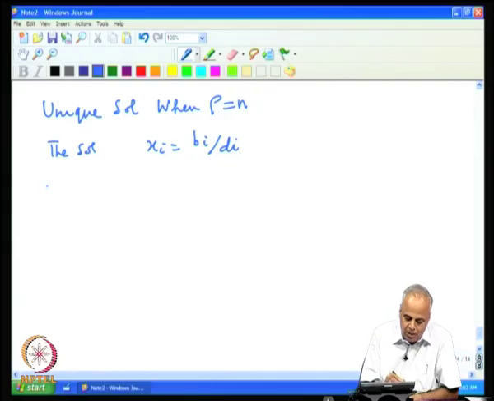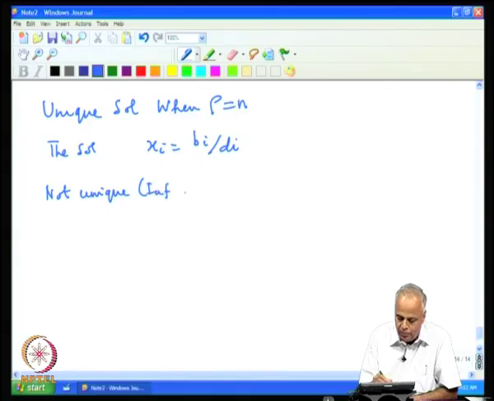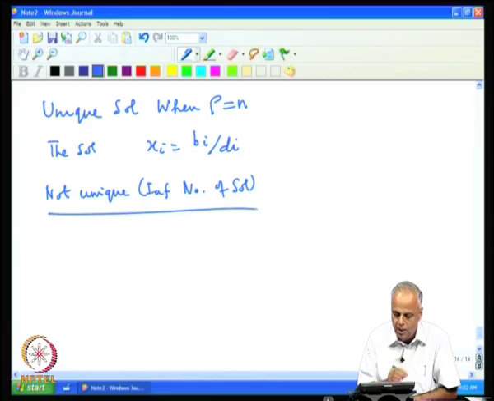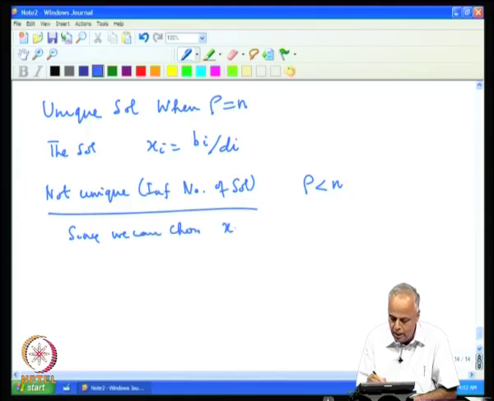When is the solution not unique? That is, infinite number of solutions. When rho is less than n, since we can choose x rho plus 1 to x n arbitrarily.